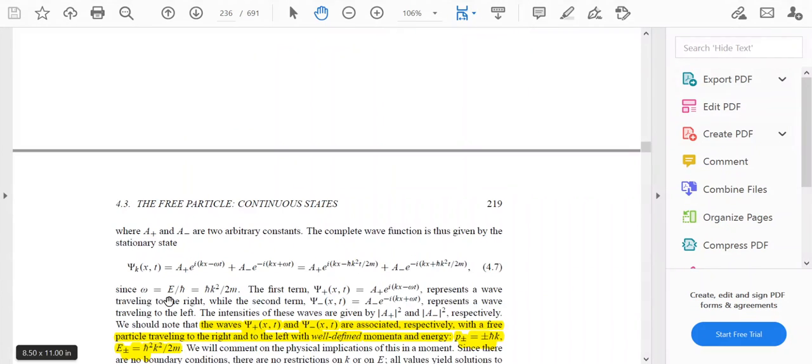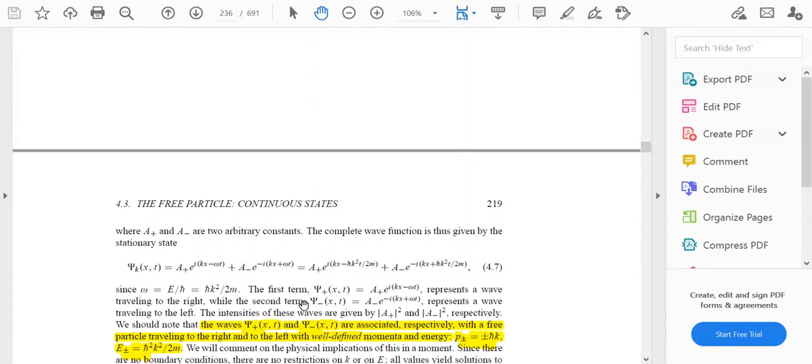So omega can be expressed as h cut k square by 2m. You see here, omega has been replaced by this expression. So equation 4.7 is the solution considering both position and time.